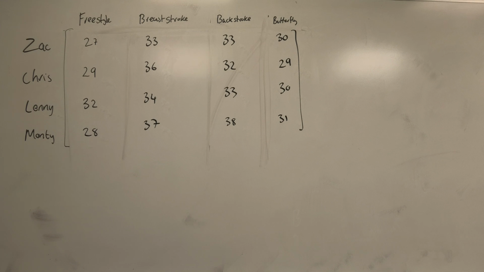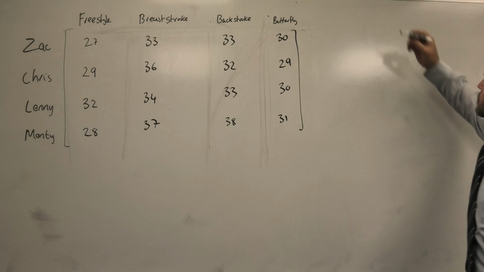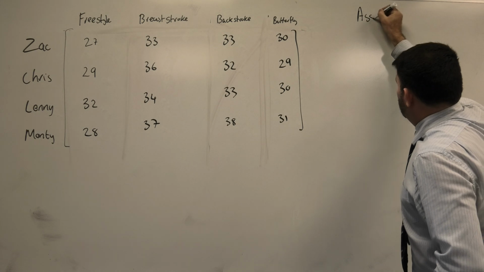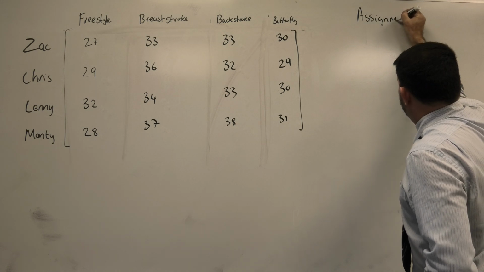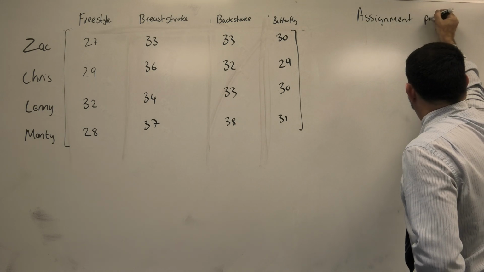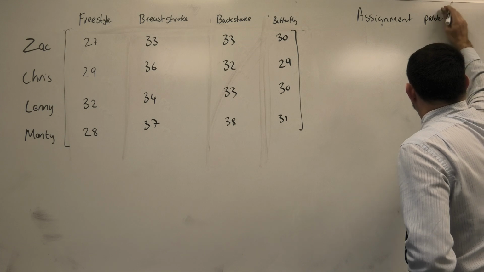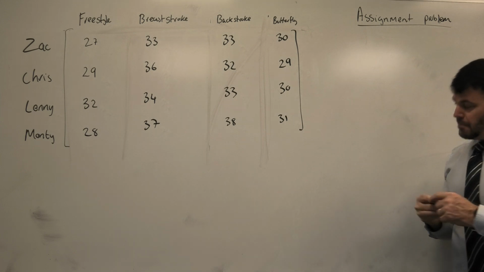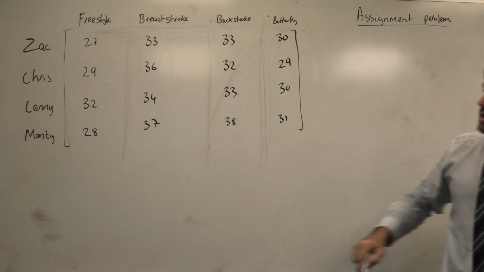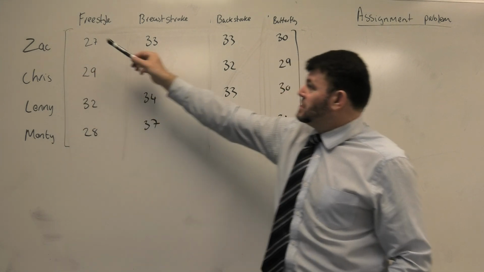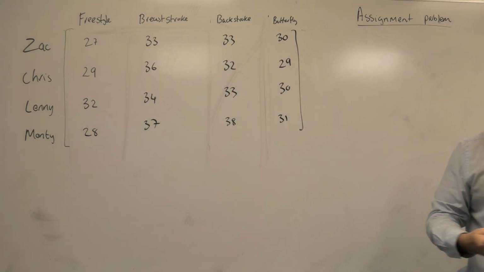So we're looking at Hungarian algorithms today. When it comes to Hungarian algorithms, they're what we call an assignment problem. An assignment problem is where we have, in this case, 4 different people we want to assign to 4 different strokes of swimming.